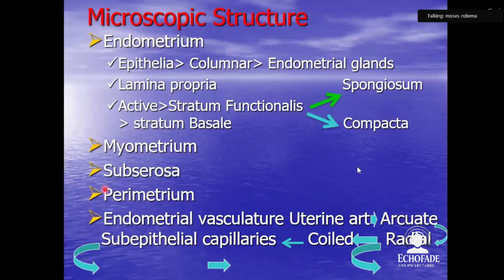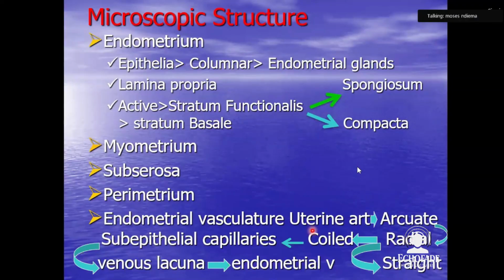We have the uterine artery. The uterine artery forms the arcuate artery, and the arcuate artery, after the arch, gives what you call radial arteries. The radial artery will form two layers.